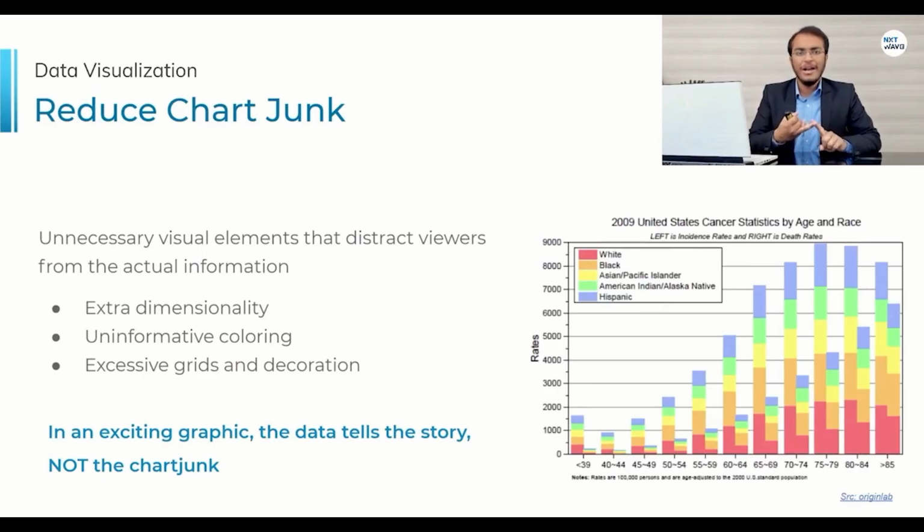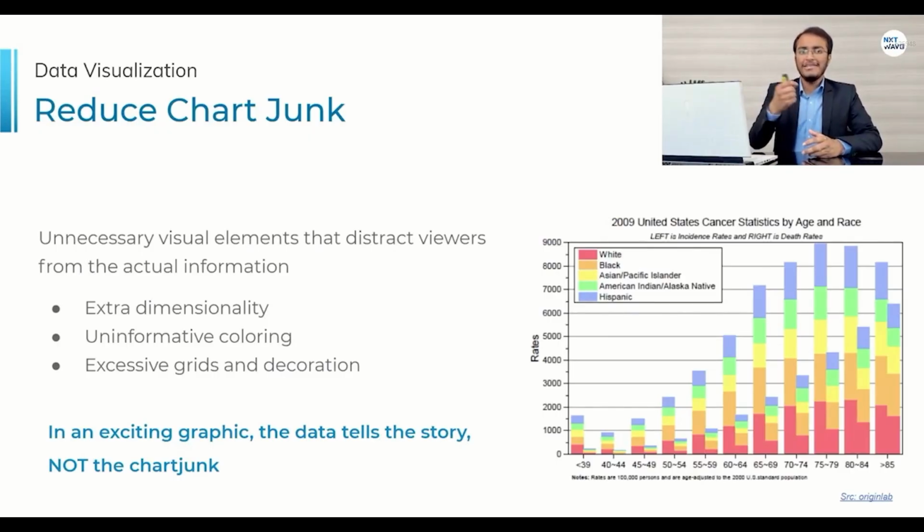But we don't have to use 3-dimensional representations unnecessarily. That is a kind of chart junk, which also creates a lie factor in some cases, and also decreases the data ink ratio. So in order to increase the data ink ratio, we have to reduce these extra dimensions, as we have also seen in the example. So that is the extra junk.